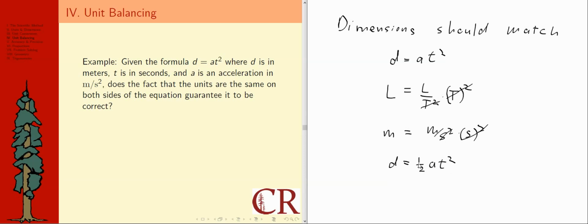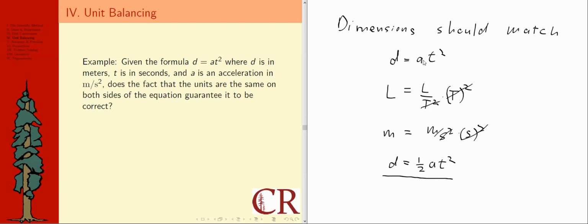What if it were a pi instead? It turns out d equals 1/2 at squared is going to be a correct formula. I don't necessarily want to say that d equals at squared is never a correct formula, because many physics formulas are kind of contextual. When you do problems, sometimes formulas come up that are derived based on the problem situation, and maybe there is some exotic situation where d equals at squared would turn out to be correct, but we're going to see quite a few situations where d equals 1/2 at squared is actually correct.